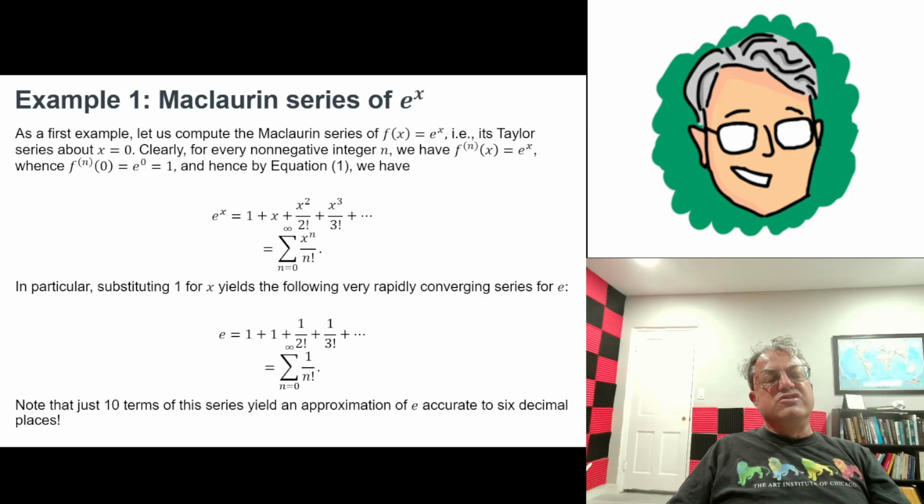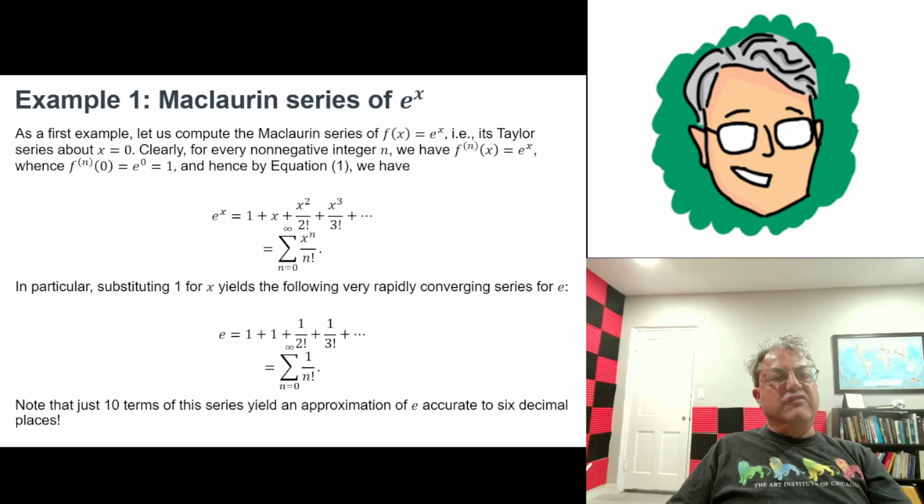And if we want the Taylor series about x equals 0, which is just the Maclaurin series, we just let a equals 0. e to the 0 is 1. So all the derivatives evaluated at x equals 0 are equal to 1. Well, that's pretty nice. That means that c_n is going to be just 1 over n factorial, right?